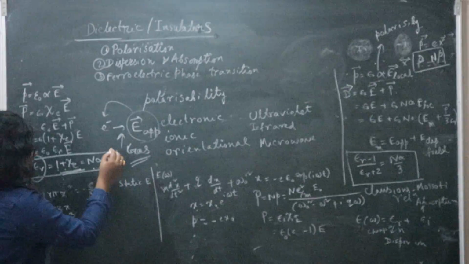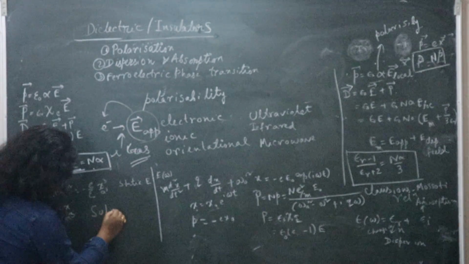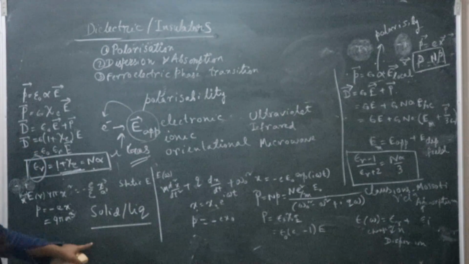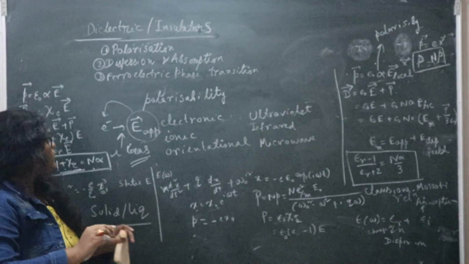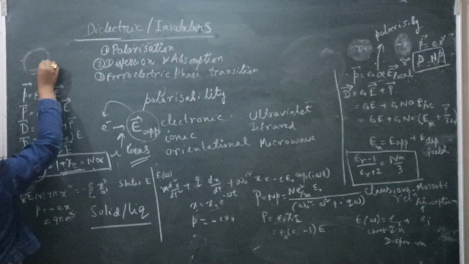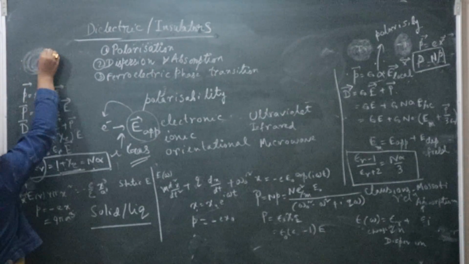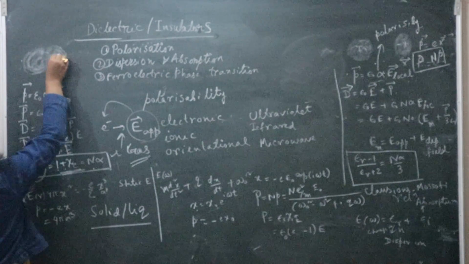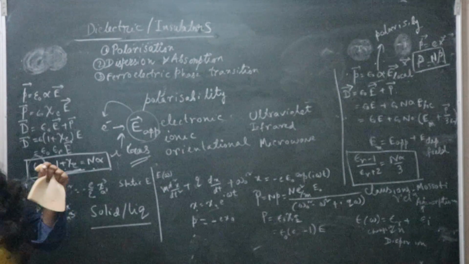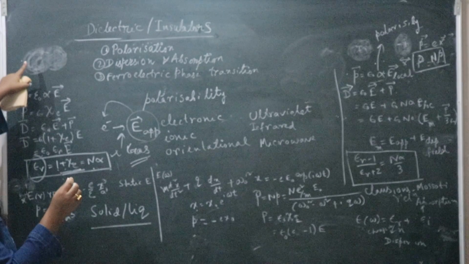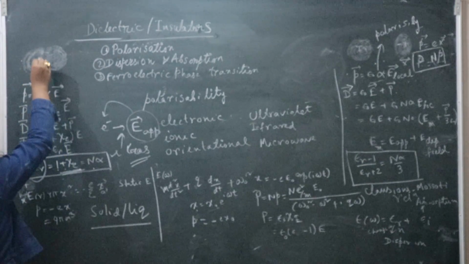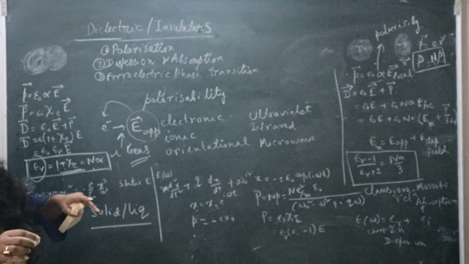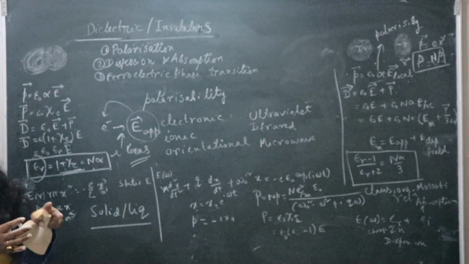Now in case of solid or liquid, this is not the case, because in solids and liquids you have a charge distribution, nuclei charge distribution and electronic charge distribution. I told you there is some displacement of the nucleus with respect to the electrons, and in liquids and solids there are many more dipoles within a very short distance.